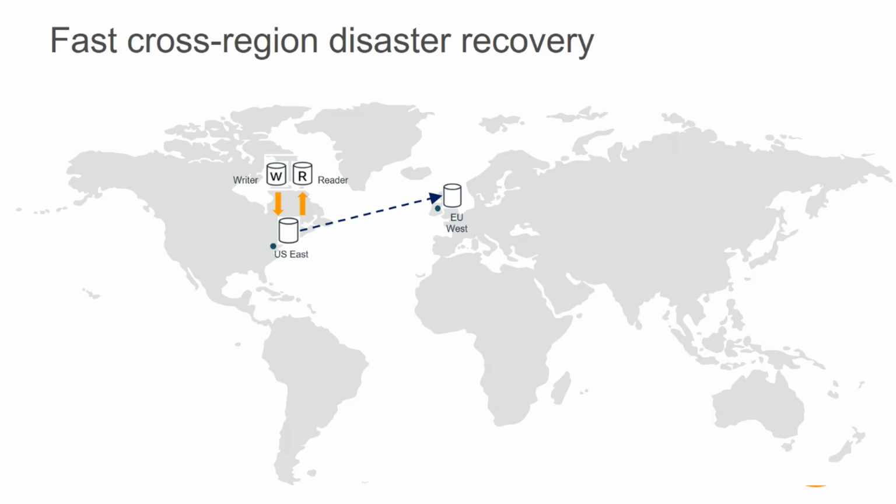In this example, you can see that we have a primary instance, which is a writer and reader in the US East region. And using global database, we are replicating to EU West. So in this case, if US East goes down, we can switch to EU West and continue running our operations from EU West.